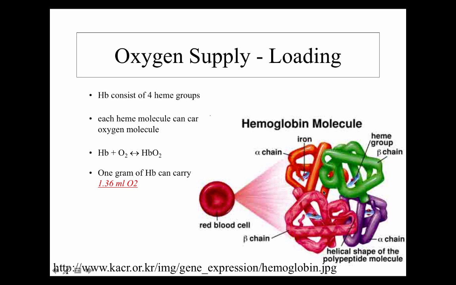So again, here's a picture of hemoglobin. You can see it consists of an alpha chain, a beta chain, another alpha chain, so 2 alpha and 2 beta chains. There's also an iron molecule embedded in this structure, and it's the iron.